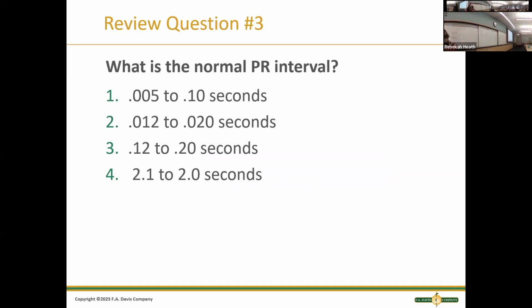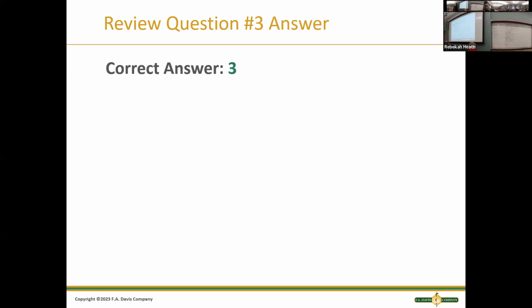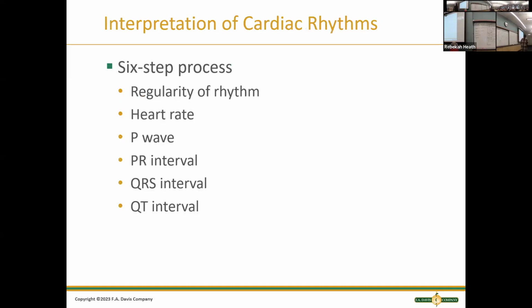And how long is it? Number 3 is correct. And these are some of the things you guys are going to have to memorize. As you start doing interpretation of these rhythms, there's not a whole lot I'm asking you to remember as far as those numbers, but this is one of those things you need to know.